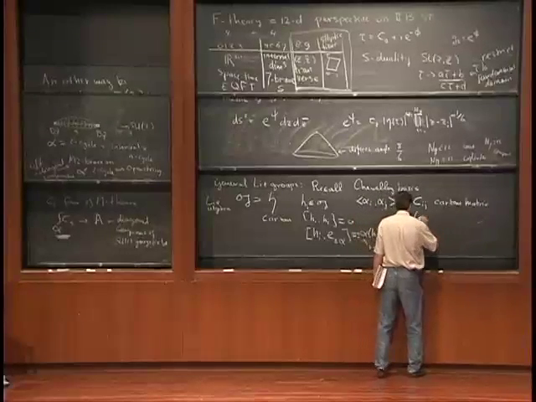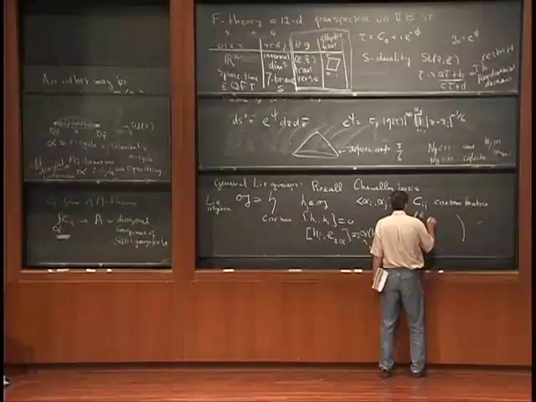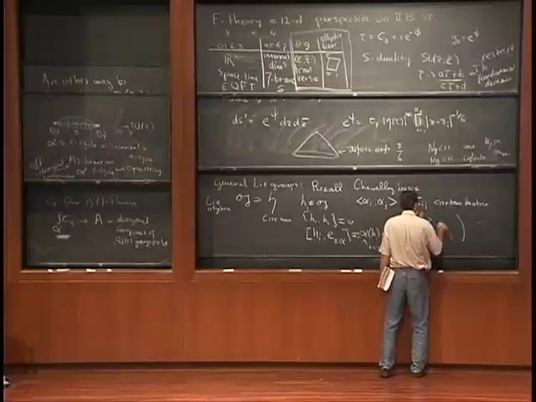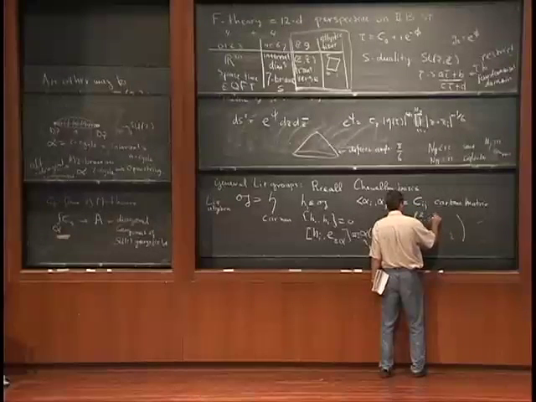Which is a thing that has 2 on the diagonal, and it has typically -1s sitting somewhere.